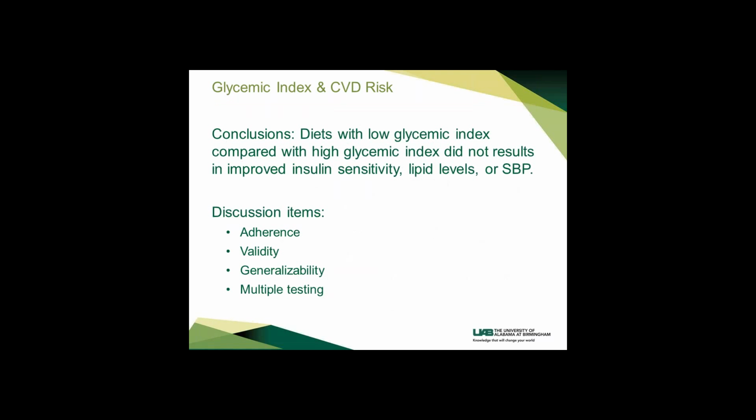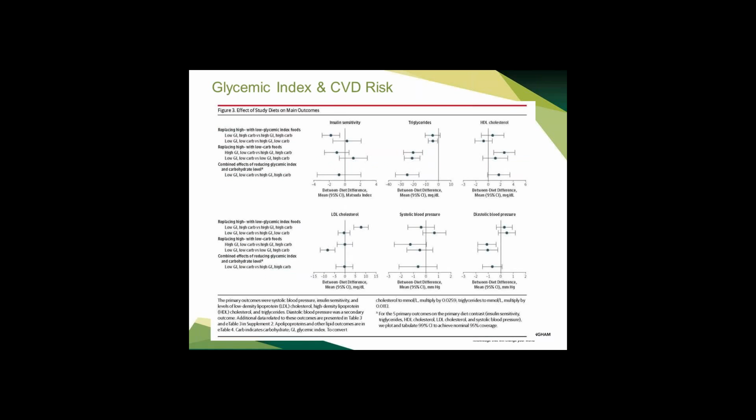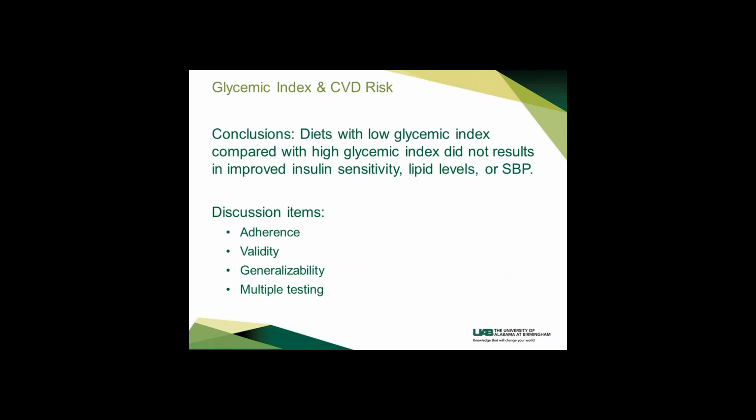So interpreting these results, we have to do so in the context of multiple testing. Is it possible that these significant results we saw were type 1 errors? It is. It's not beyond the realm of possibility. So I agree with their conclusions, especially in light of the fact that they did all of these tests. And that's just their primary outcomes. Okay?